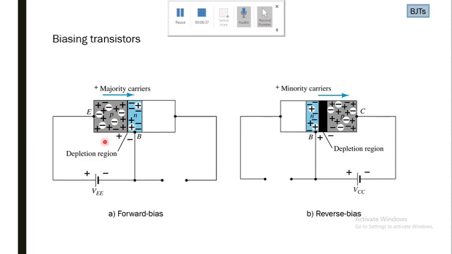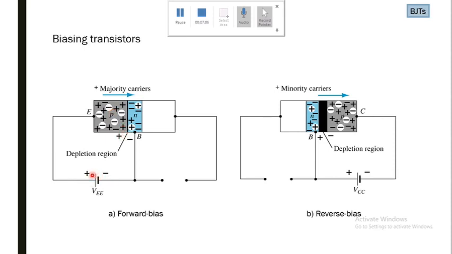While doing so, we make the majority carriers move from P-type material to N-type material, that is, from emitter to base. In P-type material, the majority carriers are holes.